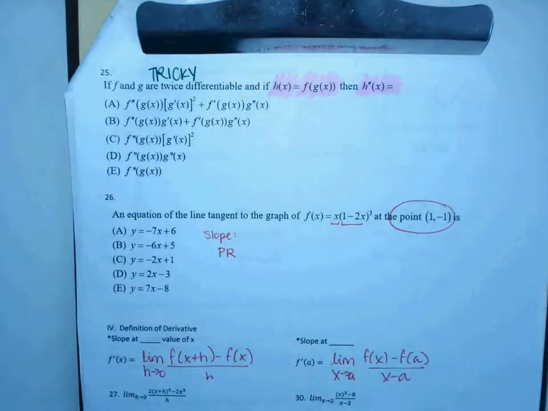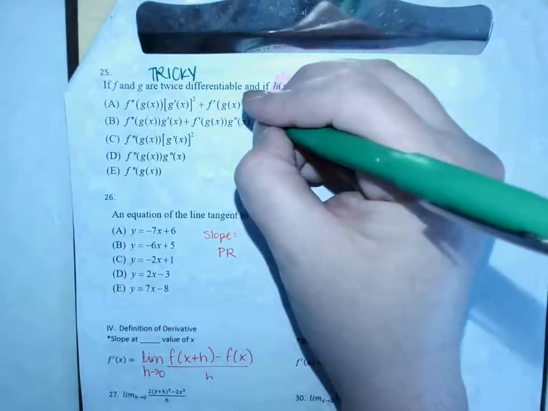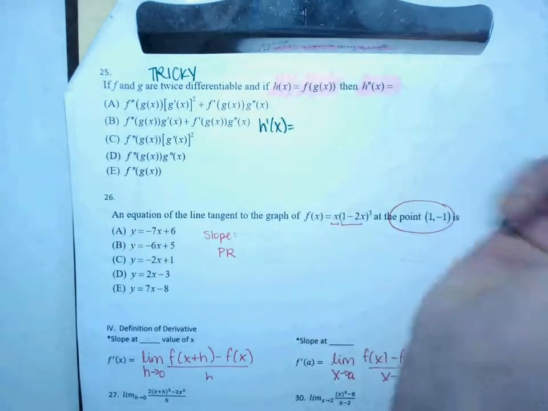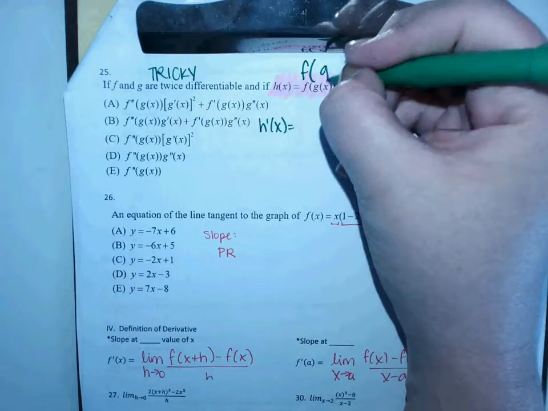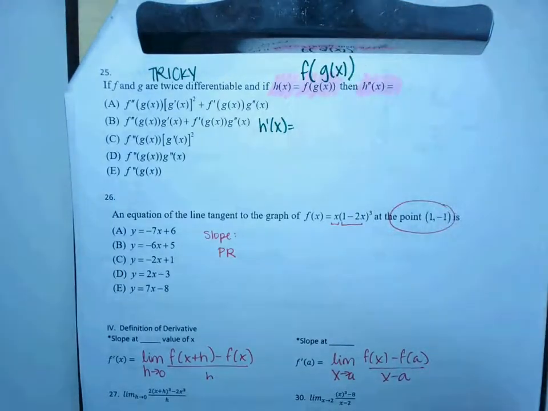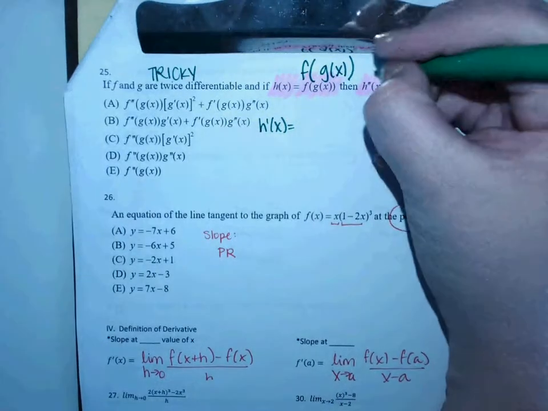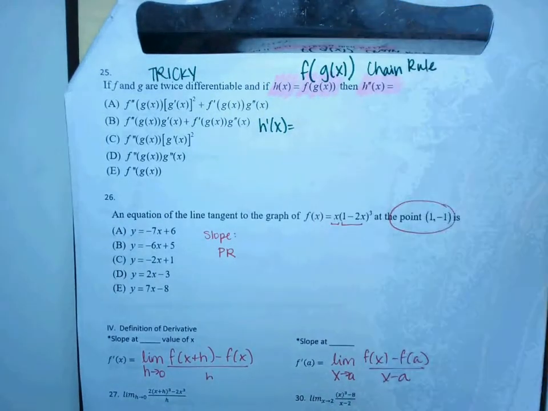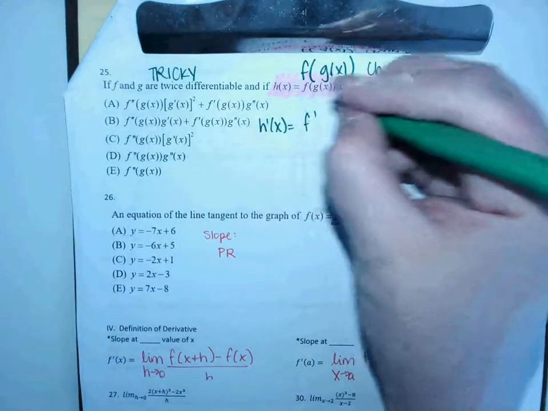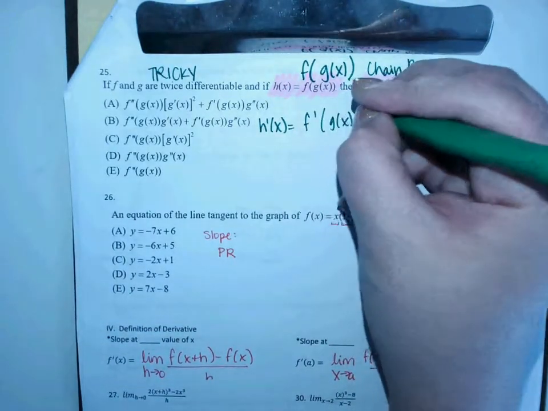So first I have to find h prime of x. That is going to require me to do the chain rule because I have f of g of x inside my f function. So when I take the derivative for chain rule, remember that I'm going to keep my outside function's derivative, f prime, but the core has to stay the same.